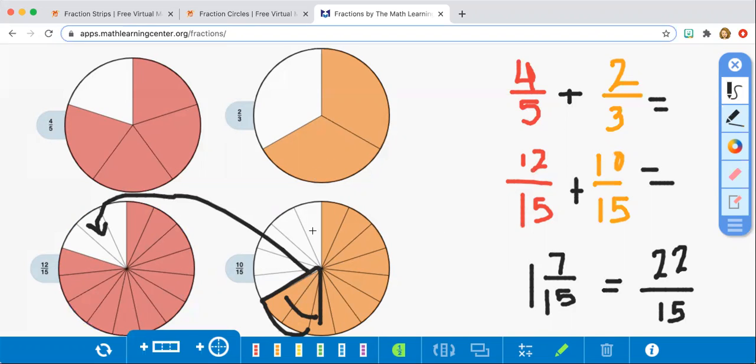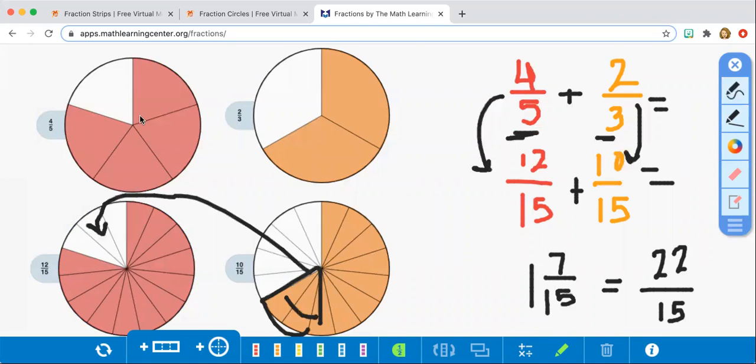So I want you to see how we use these tools to show adding and subtracting, to show the rationale why we need common denominators or where common denominators and those procedures come from, right? It's this idea of finding these equivalent fractions, finding one whole that can show both denominators, right? This whole is able to show fifths and it's able to show thirds.